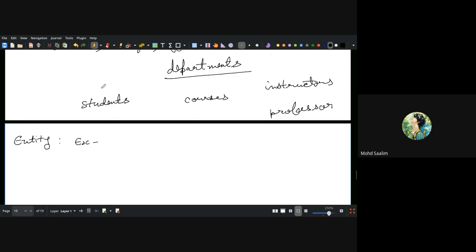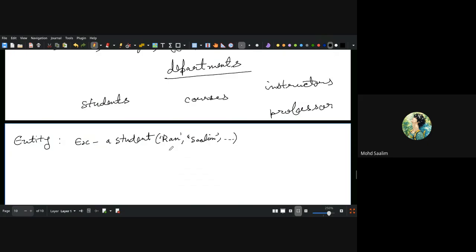So when we talk about this table, students, a student, a single student, can be, let's say, Ram or Salim or anyone, right?